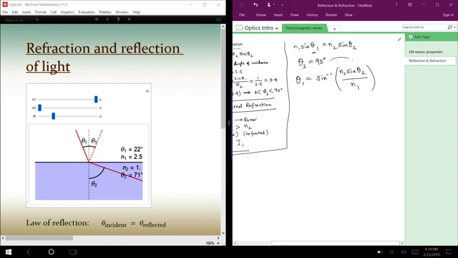But remember, theta 2 is 90 degrees, so if I plug that in, the sine of theta 2 becomes 1. So we get sine inverse of n2 over n1. In this particular case, n2 is 1 and n1 is 2.5, so this will happen for the value sine inverse of 0.4.